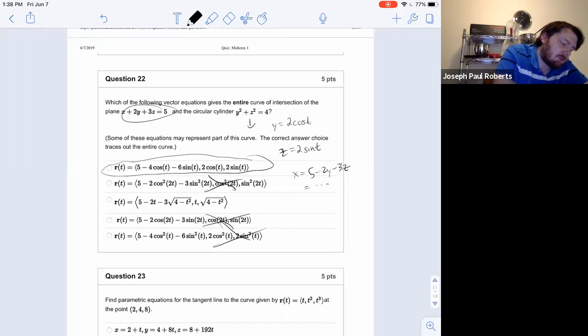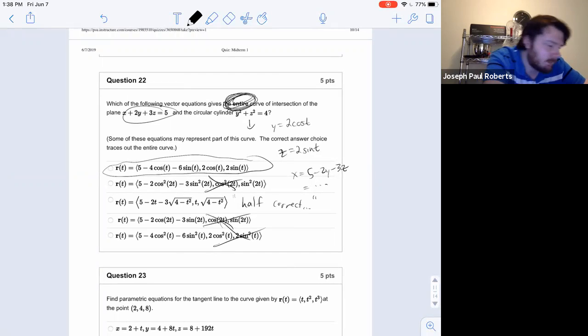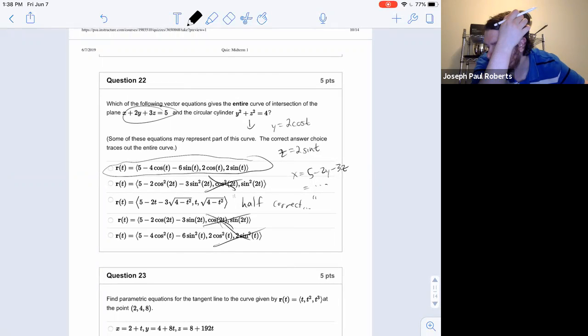So this other choice is sort of half correct, because it does give us some of this. It satisfies both equations, but what you've done is you've forced z to be positive, which means that you're actually only getting half of this curve, and so that's why we really emphasize this entire here. And I think the quiz question was similar for quiz 3.